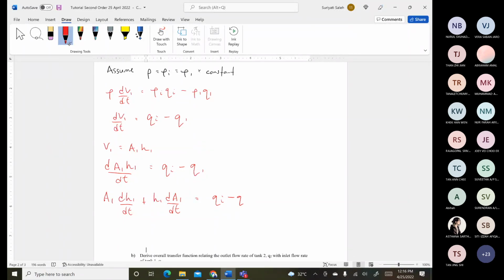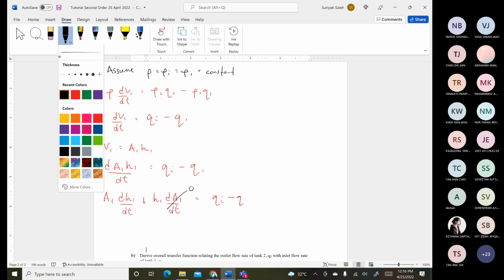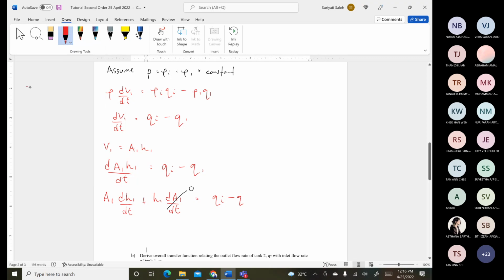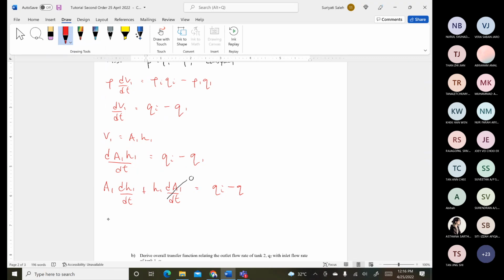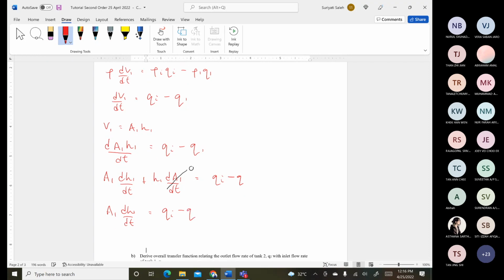As we know before, the area is not going to change against time, so this one will become 0. Lastly, we have A1 dH1/dt equal to Qi minus Q1. So this is the overall mass balance for tank number 1.